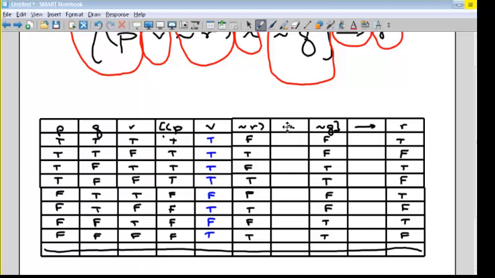Then we're going to do an AND statement with the negation of Q. So we're going to compare the result of this thing in the parentheses with the negation of Q. And we have the AND statement. The only time the AND statement is true is if they're both true. So we look through here. Obviously, this first one has to be true.